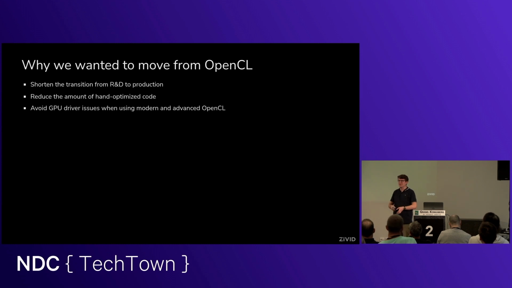So we had the choice either to stick with the lowest version of OpenCL that was running on all our customers' GPUs, or not run on those GPUs at all and use the more advanced features. And over time, we realized that there were too many GPUs out there that we couldn't run on when we were using the features we wanted to use. So we got this nudge to essentially look for alternatives.